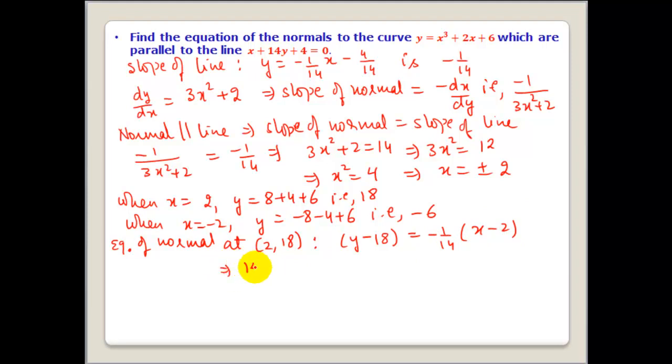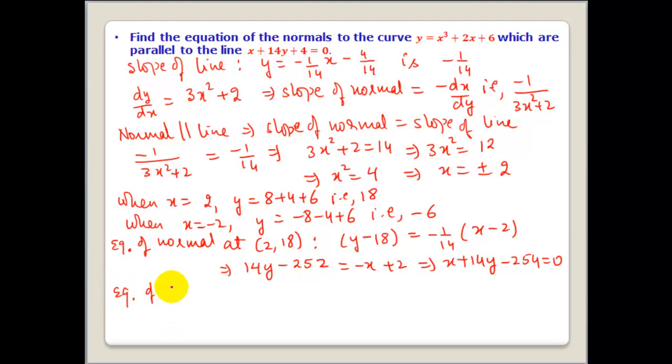Simplifying this, we get 14y minus 18 into 14, that is 252. So this will be equal to minus x plus 2. Or we can shift x to the left hand side and it comes out to be x plus 14y, and shifting 2 also to the left side, it becomes minus 254 is equal to 0. So this is one of the equation of normal.